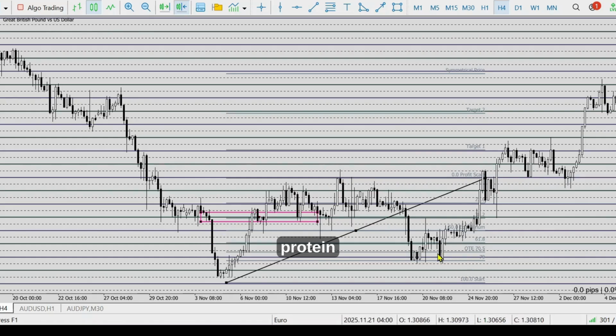Now you see the whole thing returned back to the OTE level. Now we have a W, which is equally a confluence in addition to the OTE. The W is forming at the OTE, which is telling us that this is a high probability trade.